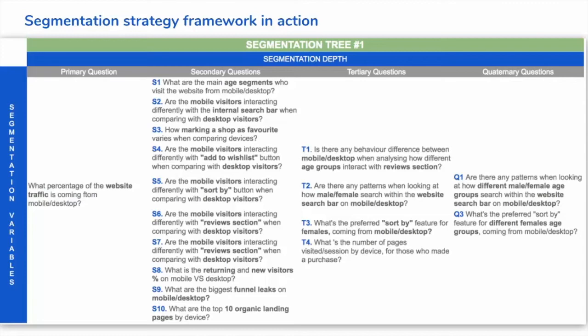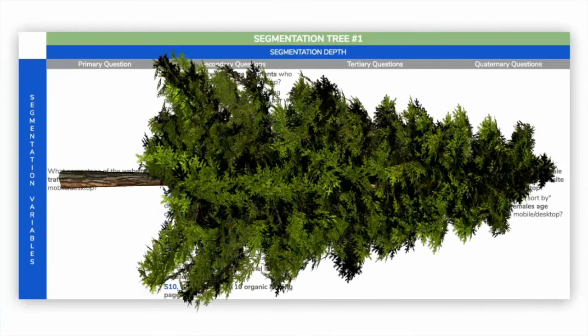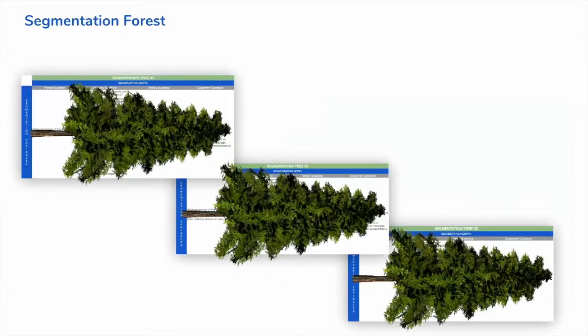But for smaller websites, it mainly boils down to secondary and tertiary questions, because you have to have loads of traffic to go ahead and play with questions that incorporate 4 or more variables. And if you didn't notice, we are looking at a very beautiful pine tree, and each primary question is the root of a new pine tree.